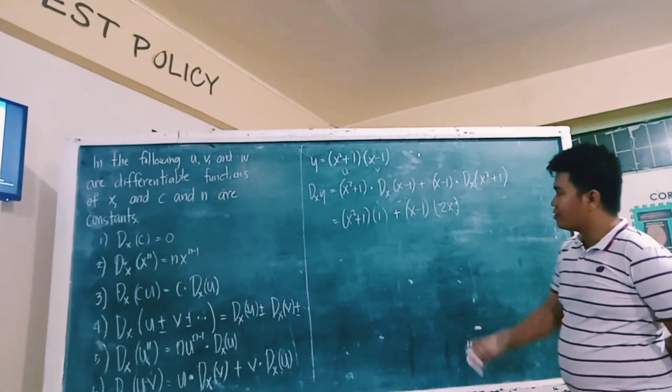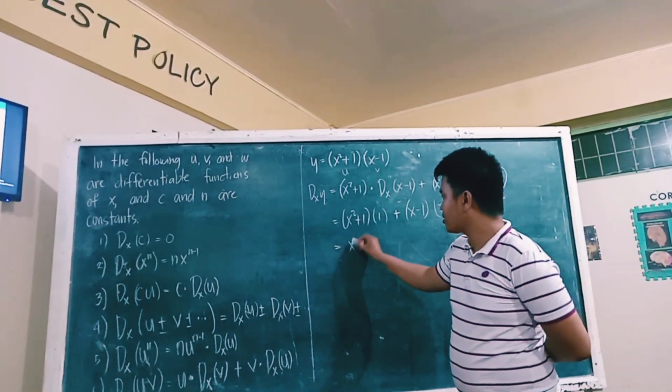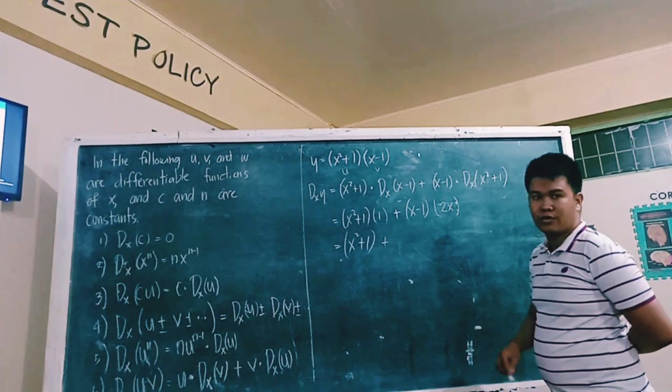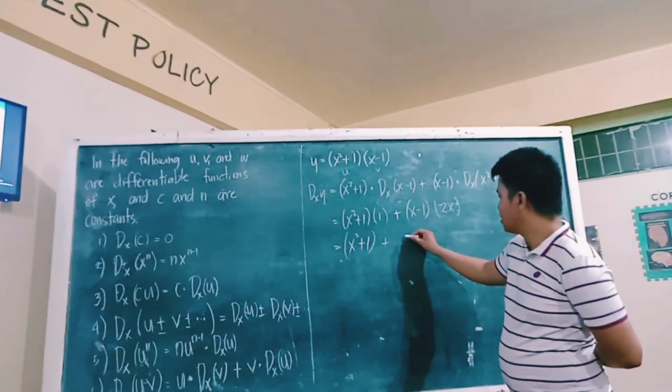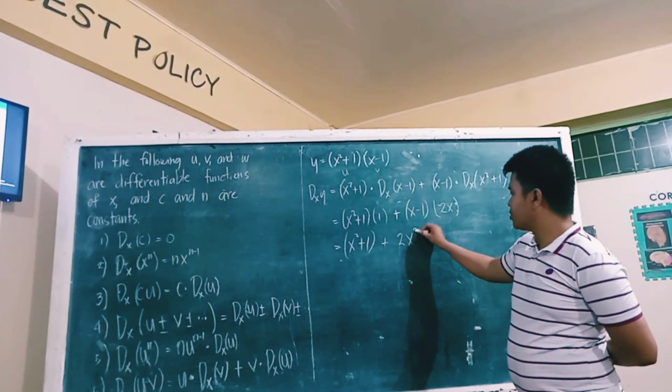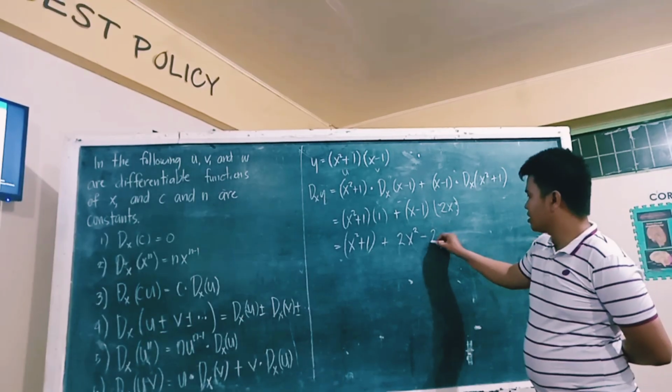So we have now x squared plus 1 plus this, which is simplified to x times x, is x squared, minus 2x.